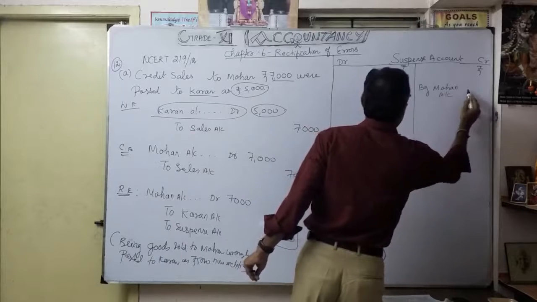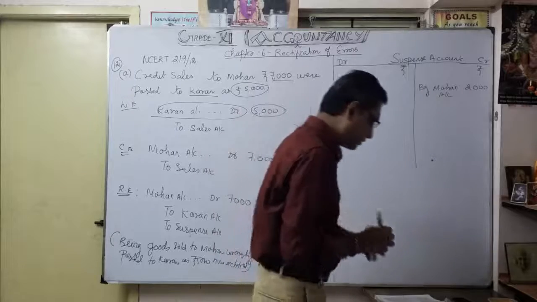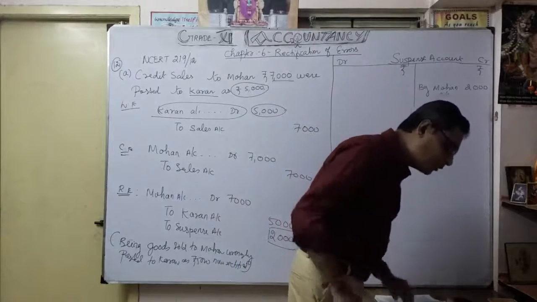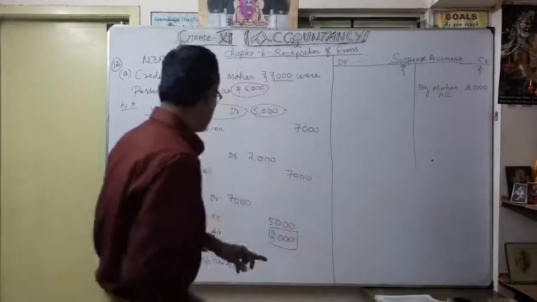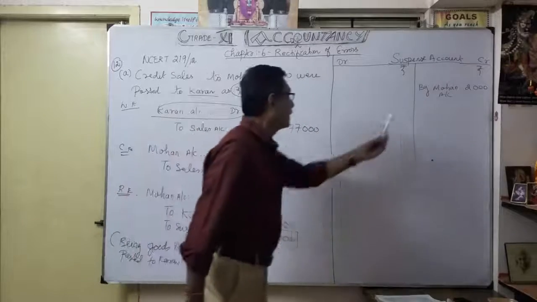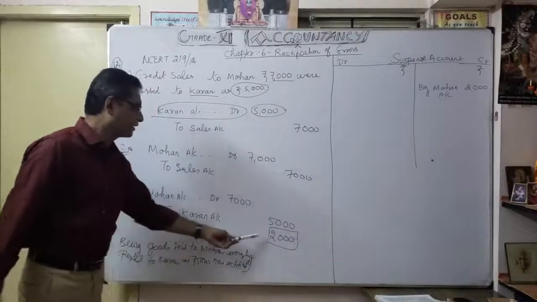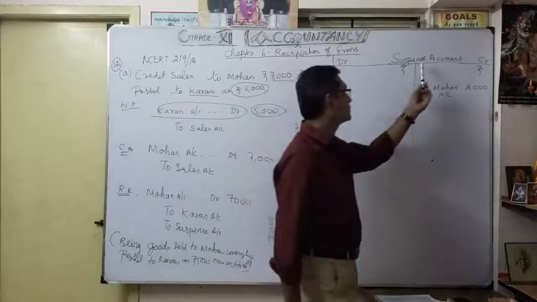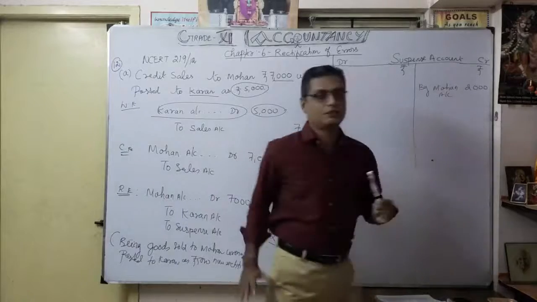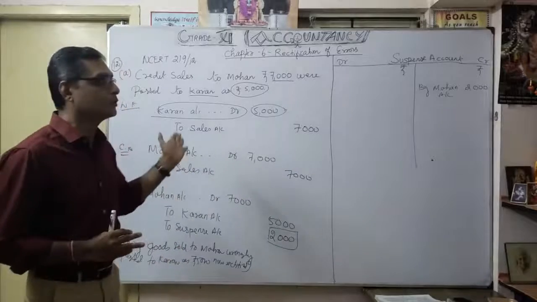That's why you open the suspense account, by Morgan account 2,000. So the first rectification is done, and immediately you open the suspense account and post it.